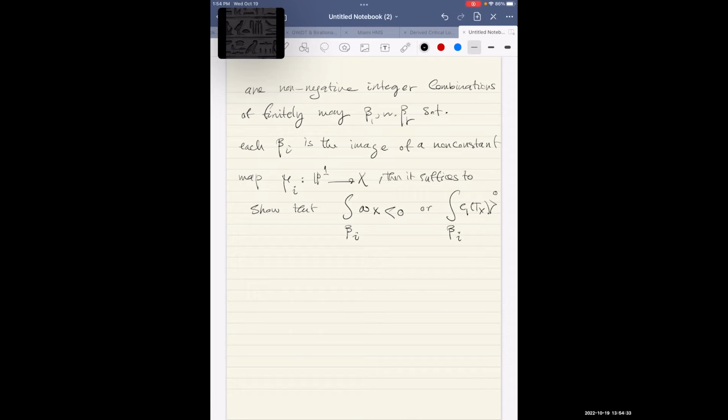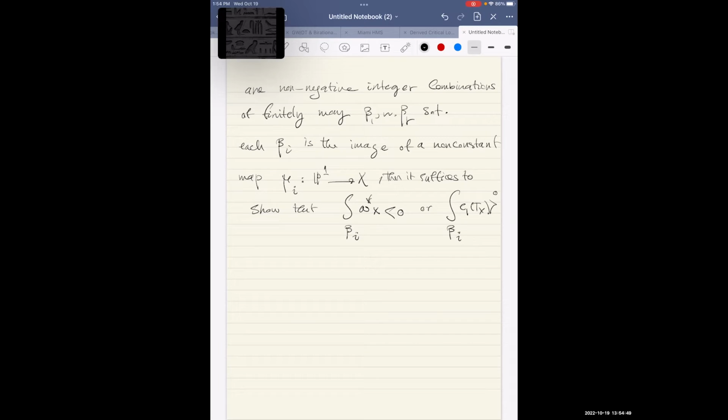This is the canonical bundle, that's the tangent bundle. So one of them is, yeah, minus the other. So that's the Kahler class, and that's the C1 of the tangent bundle.